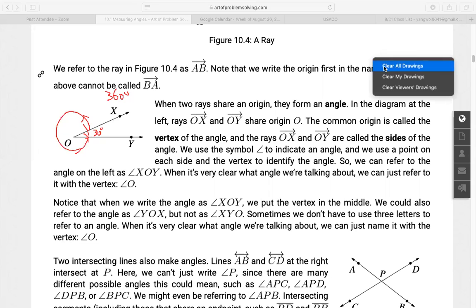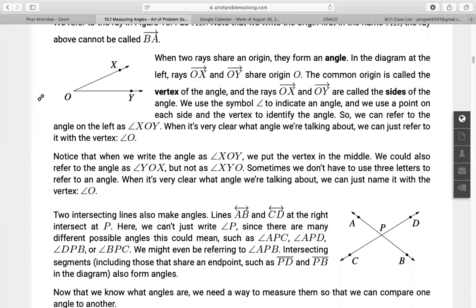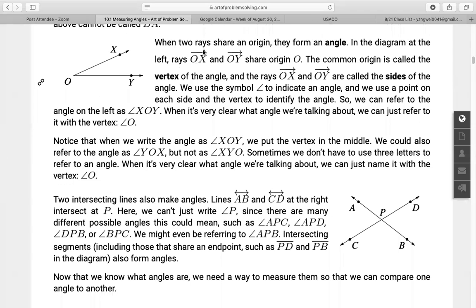Okay. Then use your protractor. You can measure this angle. We can use this sign to represent this angle, say angle XOY. Sometimes, if it does not cause confusion, as in this case, we can just use the origin, or vertex, of this angle to denote it.